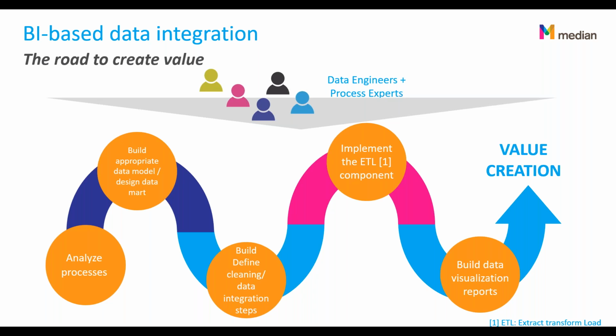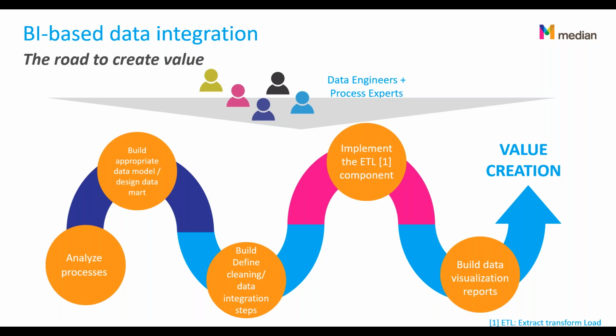The first step is an extensive analysis of the processes. Step number 2 is to build the appropriate data model and design the data mart. Data marts are the data warehouse part dedicated to the data we will use for the data visualization. The third part is to build and define the data cleaning and data integration steps. We will come back to this step, which is quite interesting and valuable.